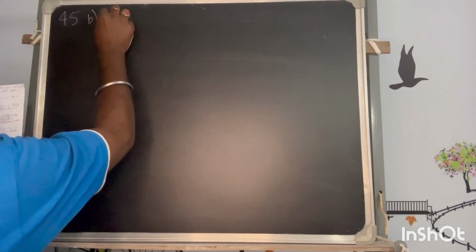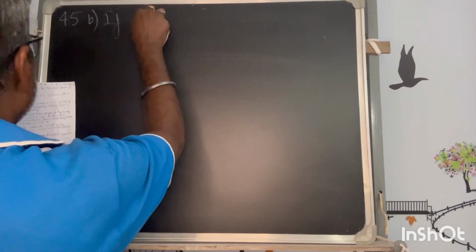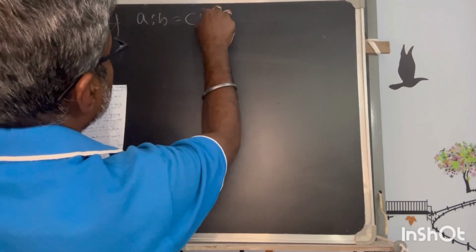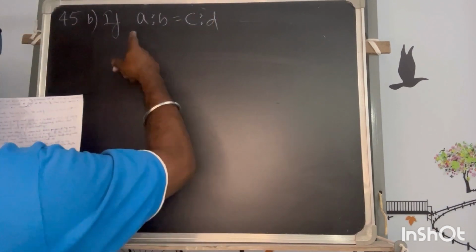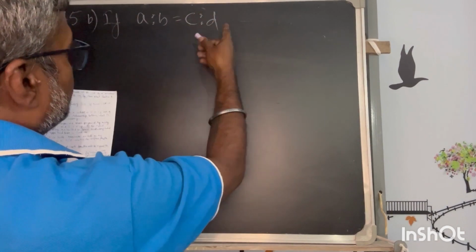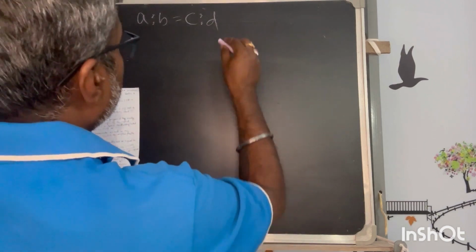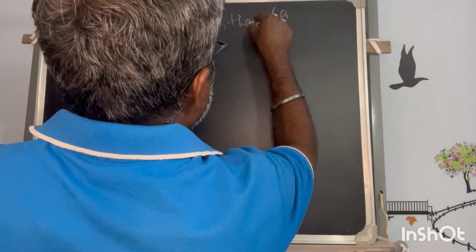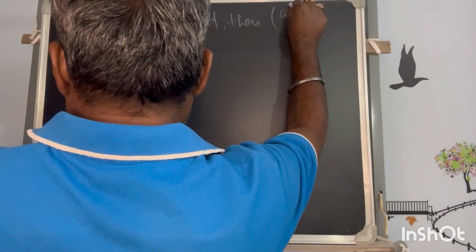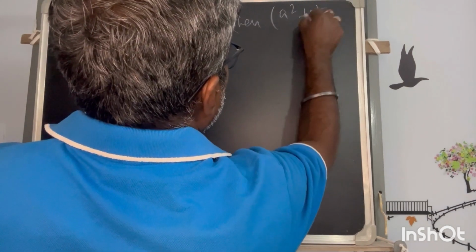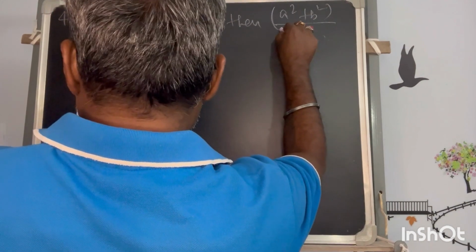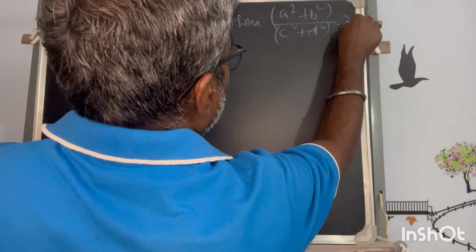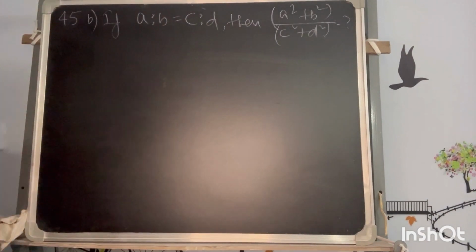If a is to b is equal to c is to d, so that means a is to b is in proportion to c is to d, then find a square plus b square divided by c square plus d square. You have to find the value of it.